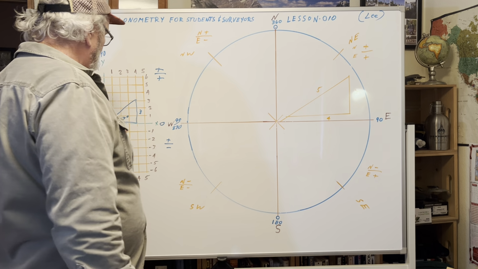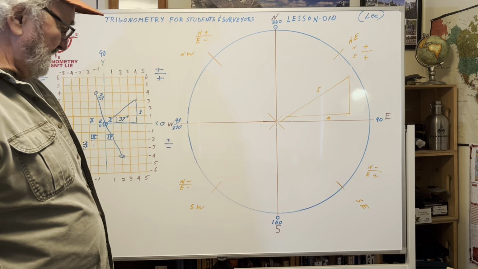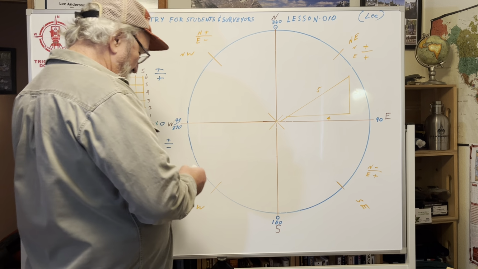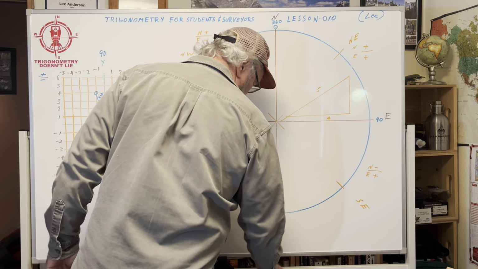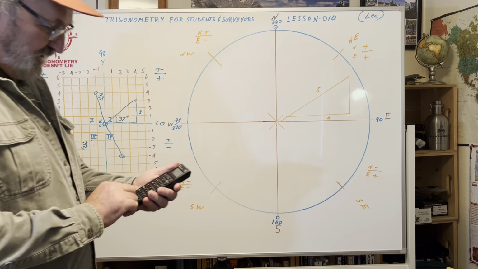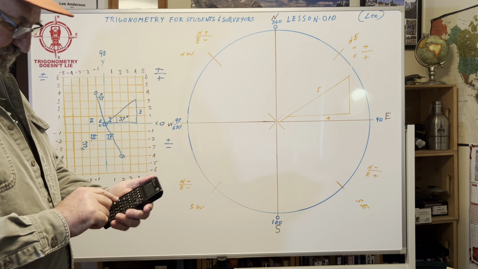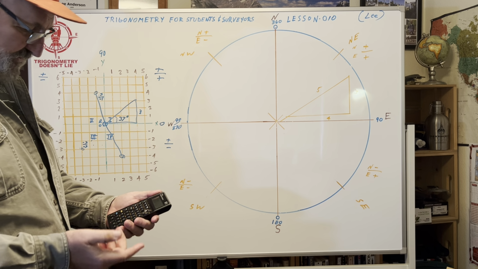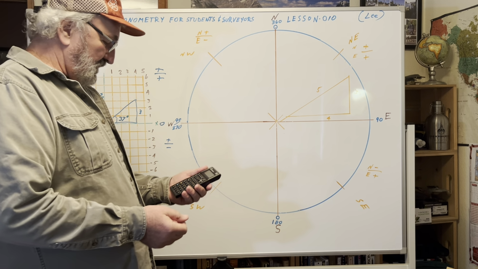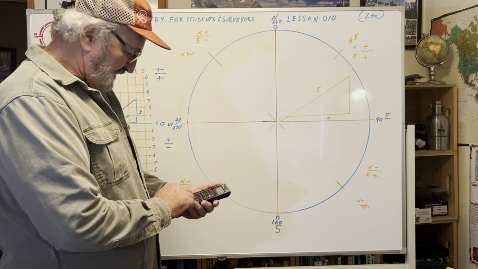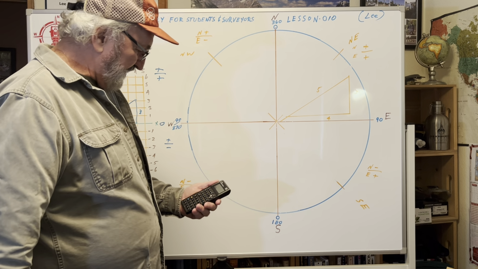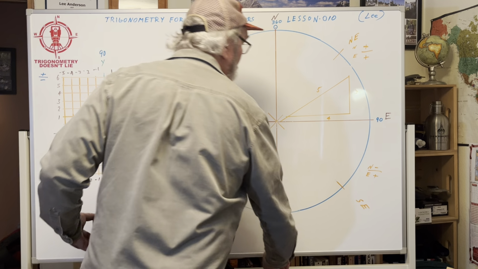So if you use this system here, and now you want to figure out the angle, I'll show you again. We're going to do that again. 3, enter, 4, divide, 0.75. We want the arc tangent on that. 36.86.99.